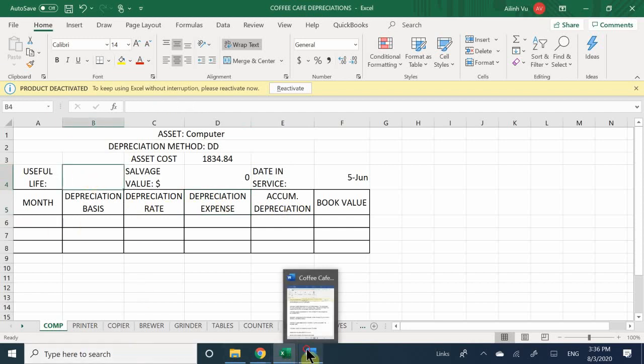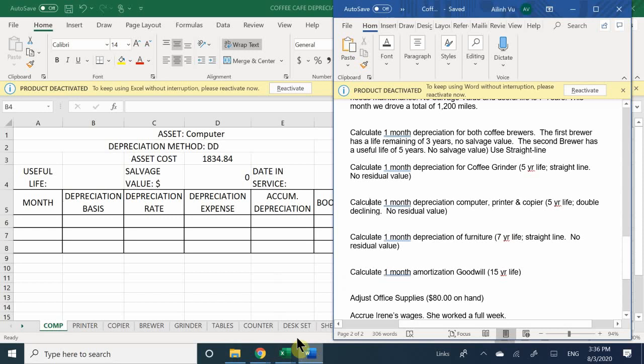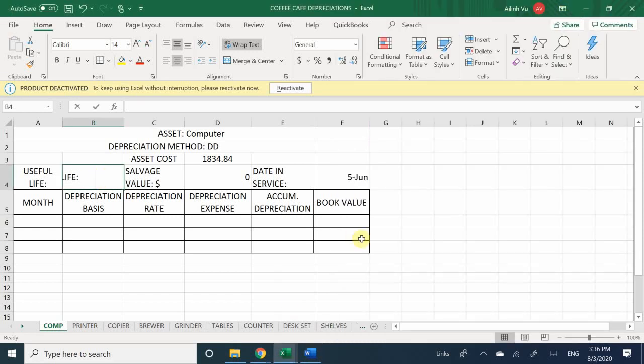How many years? 5. Okay, and this is for the computer, printer, and copier. So we only want the month of June. Depreciation basis is the book value. So what's the book value? 1834.84.